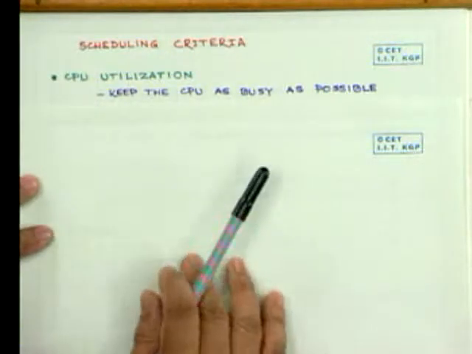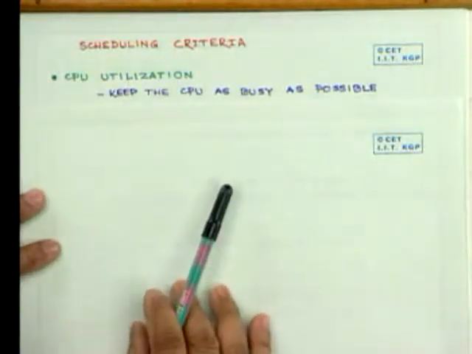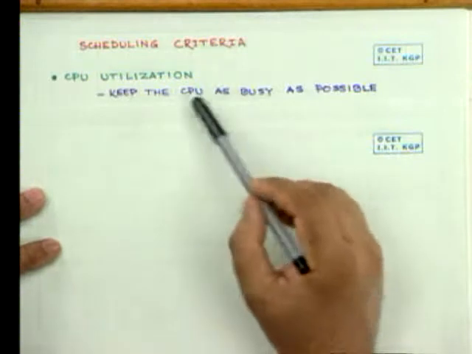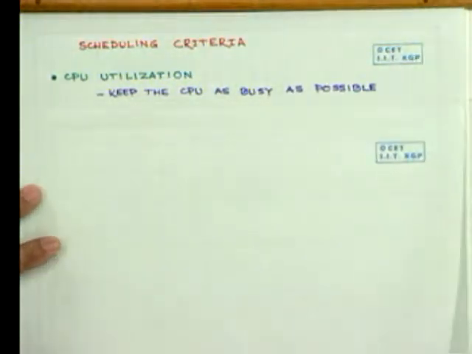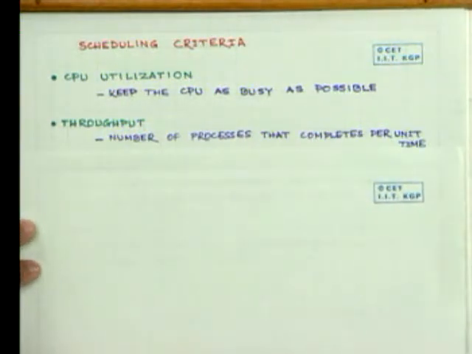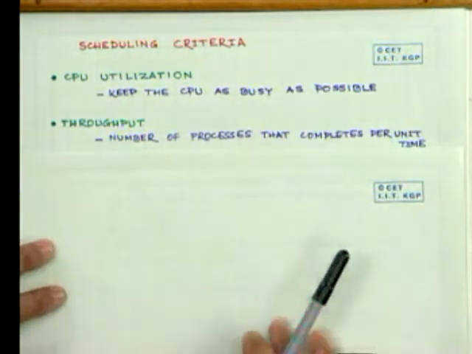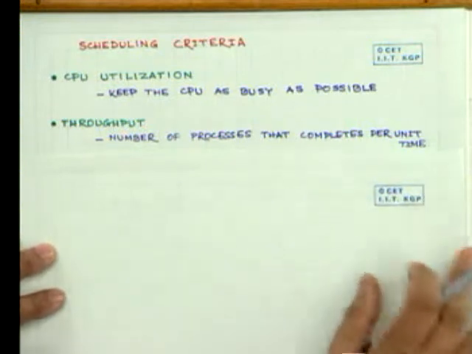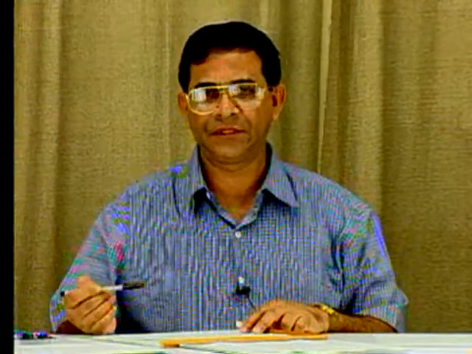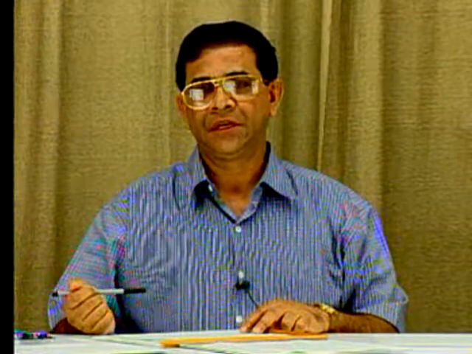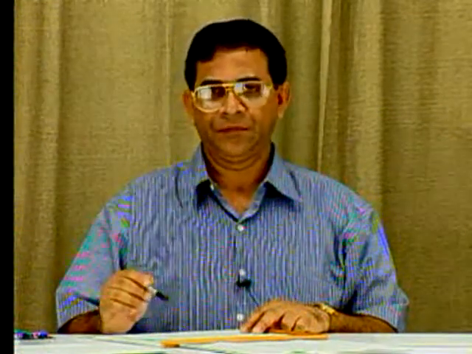The first criterion naturally is CPU utilization: we have to try to keep the CPU as busy as possible. The next criterion is throughput, that is the number of processes that complete per unit of time, say 1 minute, 5 minutes, 10 minutes, how many processes complete within that interval of time.